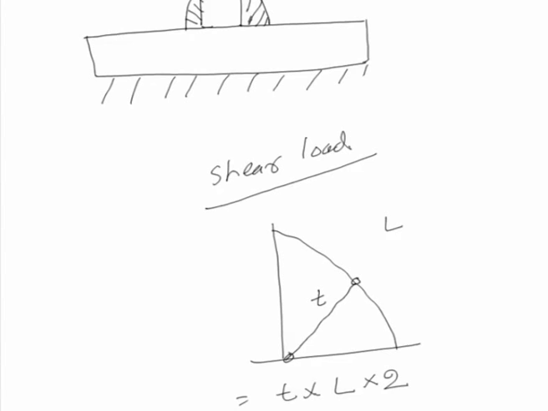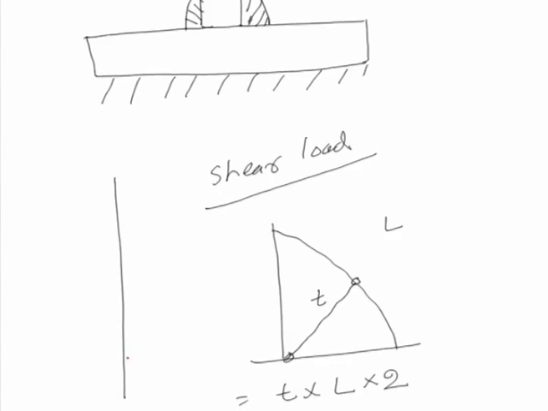Say instead of a continuous weld throughout the length, we have a weld of a particular length L, then a gap, another weld of the same length L, then a gap, then L. So, in this case there are 3 welds, each of a particular length.